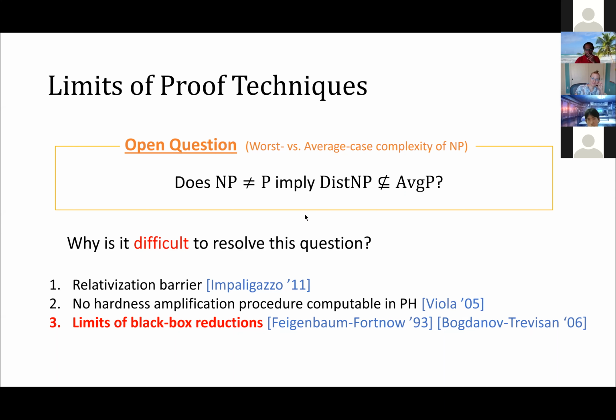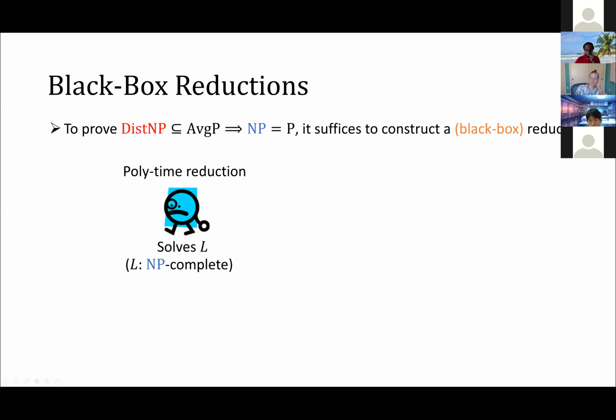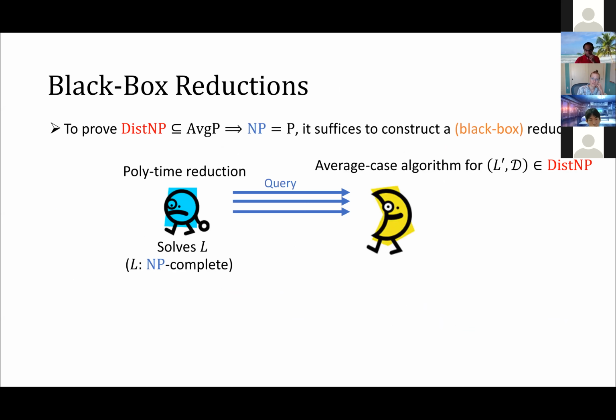It suffices to design a polynomial time reduction that solves some NP complete problem L by making a bunch of queries to some heuristic algorithm that can solve some problem in DistNP. Given the answers, we'd like to solve the NP complete problem. If we can do that, we can resolve the open question about worst case to average case reduction for NP.